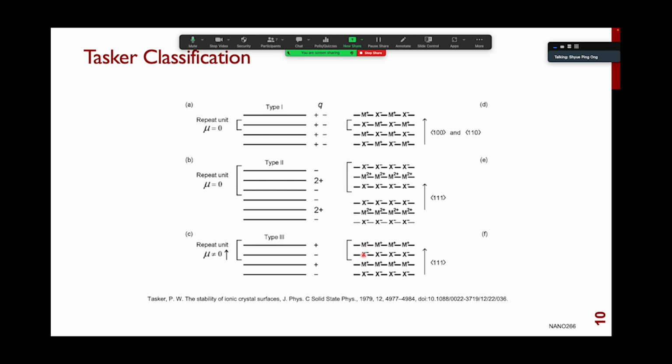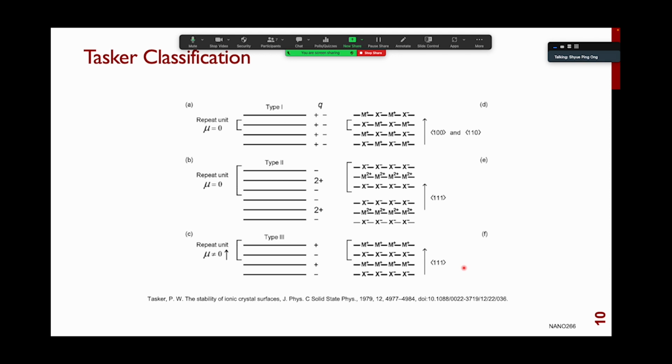You have 1 M plus for 1 X minus, okay? So this overall crystal structure is still charge neutral, but now you actually have a polar surface, right? You have M plus on your top surface and X minus on your bottom surface, right? So now there's an overall polarization to your slab, okay? So these are what are called Tasker type 3 surfaces, right?